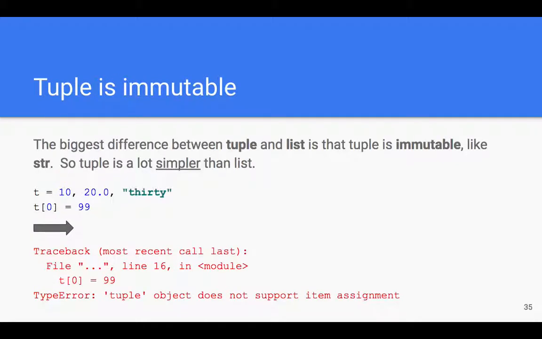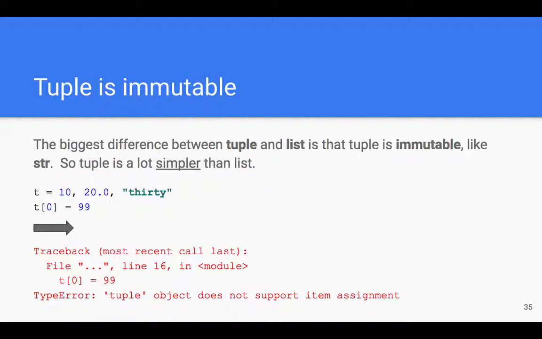Now, one thing you can do with a list, but not with a tuple, is change an element, because the tuple is immutable. We learned another thing that is immutable, and that is string. So a tuple is very much like an immutable list. A tuple is really a lot simpler than a list.